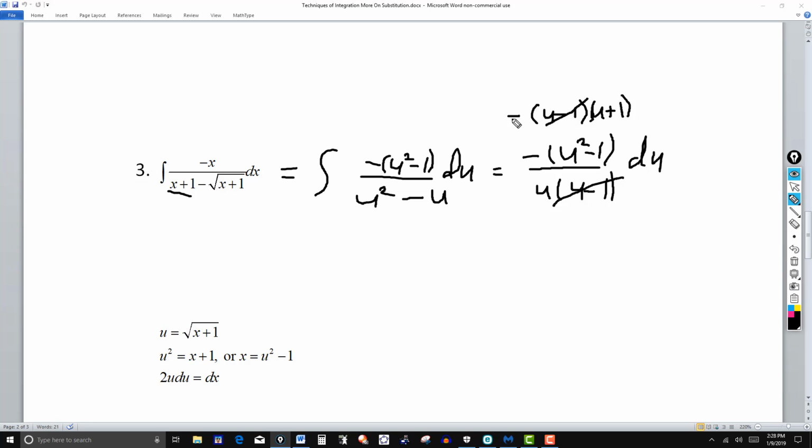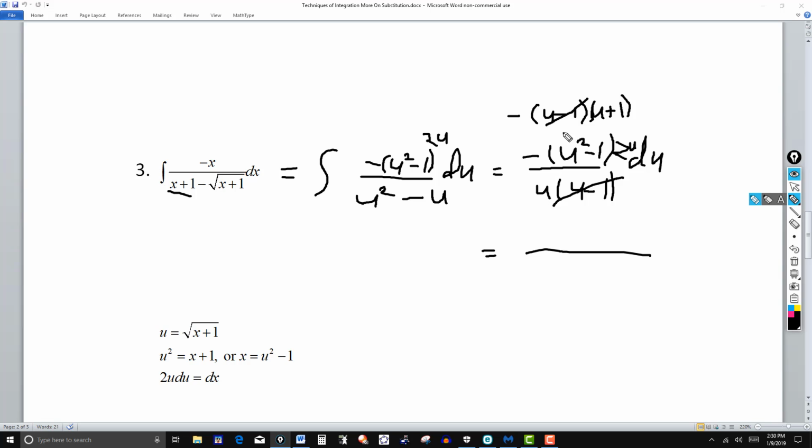And then here I forgot, dx is 2u, so I need a 2, add 2u here, and right here this is a 2u, like that. So what am I going to have here then? I have left this u plus 1 and negative.